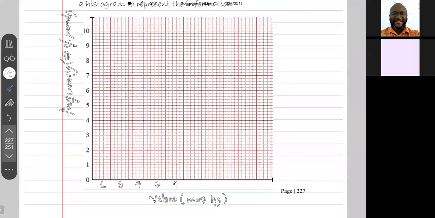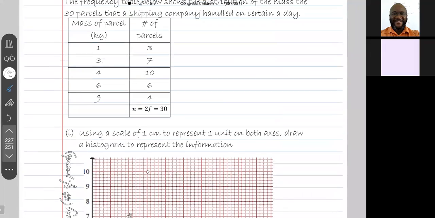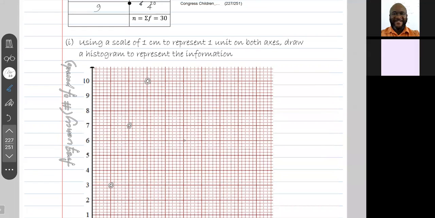The first bar, the height is 3. The second bar, the height is 7. The third bar, the height is 10. Then 6 and 4. The next bar, the height is 6. And the bar after that, the height is 4.